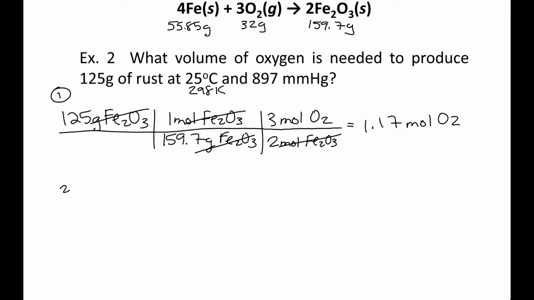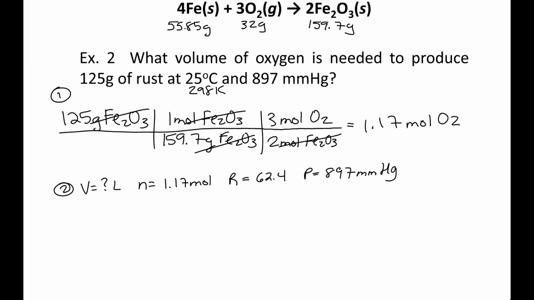So now, of course, we're trying to find V. n equals 1.17 moles. R, well, we don't know what the R is yet, except that we look up there, it's millimeters of mercury, so we know it's going to be 62.4, because our P is 897 millimeters of mercury.